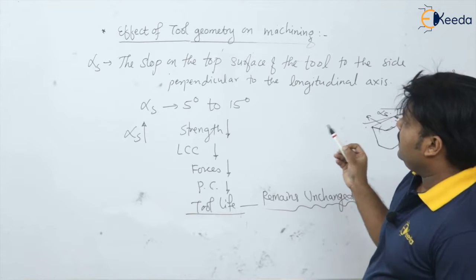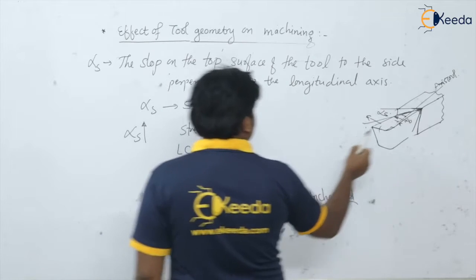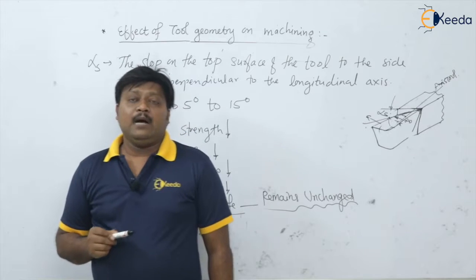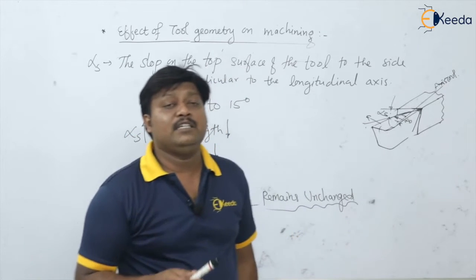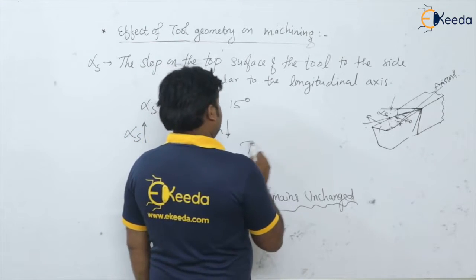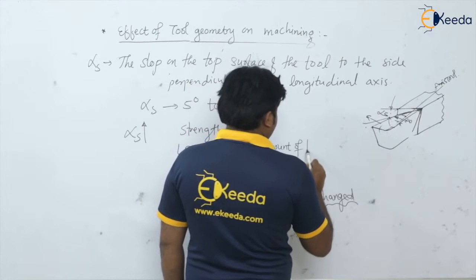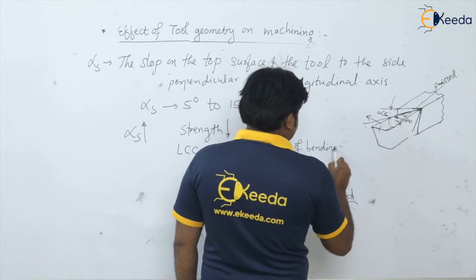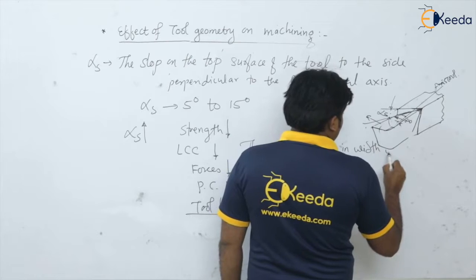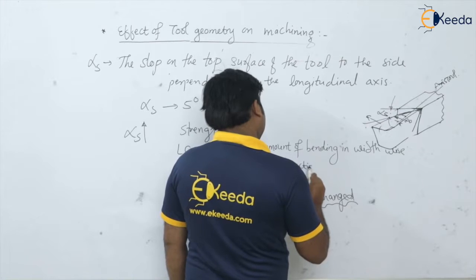Okay, now see, as we go on increasing the side rake angle, please remember the amount of bending of chip in the widthwise direction goes on decreasing. The amount of bending of chip in widthwise direction reduces.